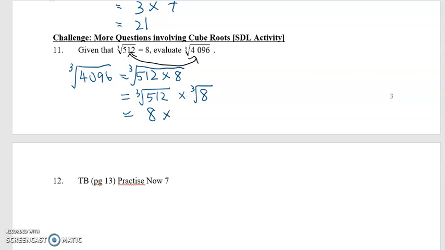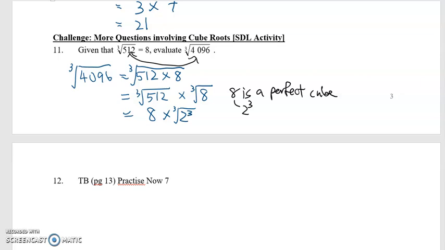Now for this one, I'm going to change 8. 8 is actually a perfect cube. Why? Because I can convert this into 2 to the power 3. So I'm going to change 8 to 2 to the power 3.